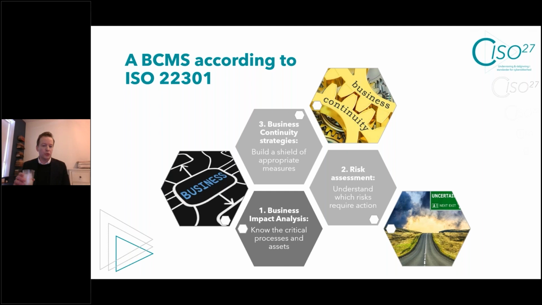Let's dig a bit more into the two, just for you to get a more detailed glimpse of it. So what's at play? Well, if you're working with a business continuity management system according to 22301, you'll be met with distinct requirements on how you analyze your organization.